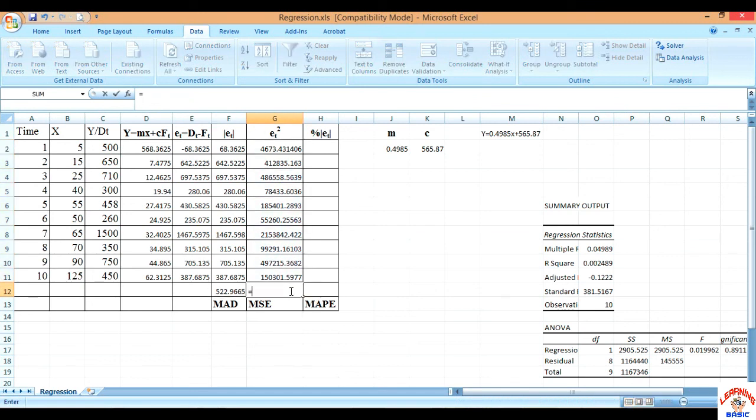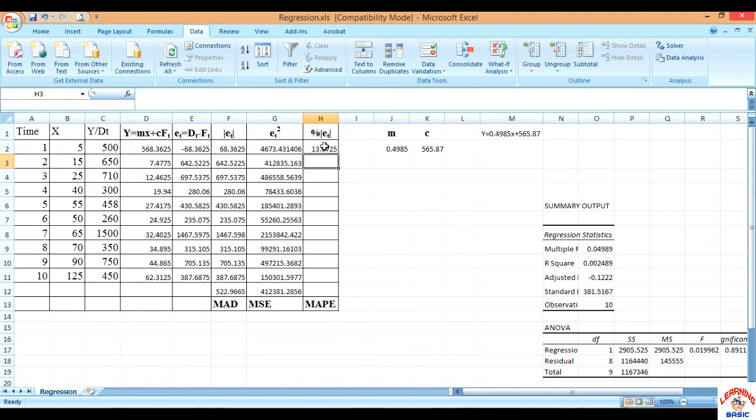Again we can do equals average and this value, so we'll get the MSE here. For MAPE we need to calculate absolute ET divided by DT into 100.